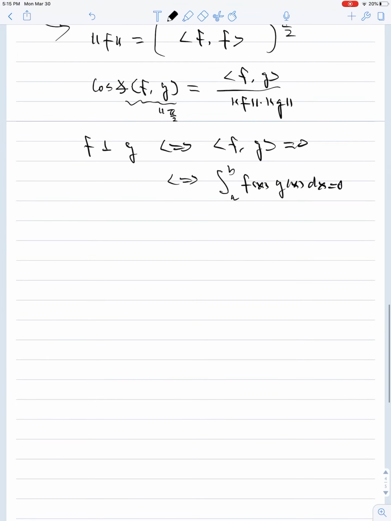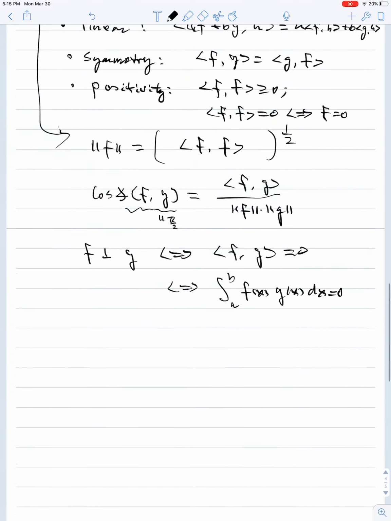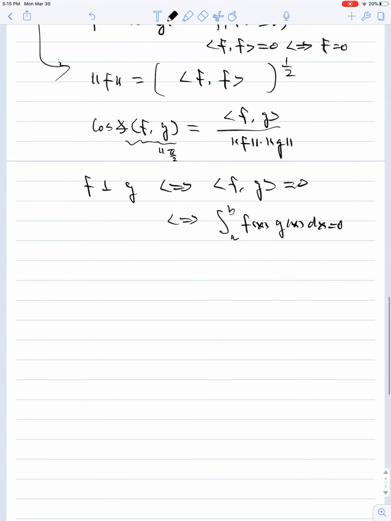All right. Now we are given this fn. Let's come back to the case when we look at the space on [0, pi], and we are given these functions sin x up to sin nx.